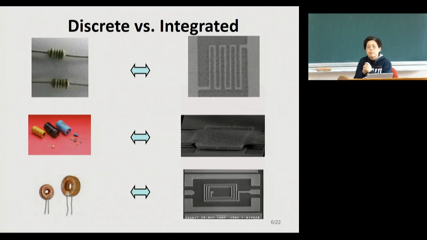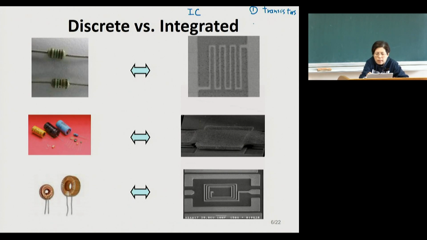Remember, the key of making an integrated circuit is to make transistors. In integrated circuit technology, in IC, there are only 2 components. One is to make transistors. What type of transistor will depend on the technology itself.